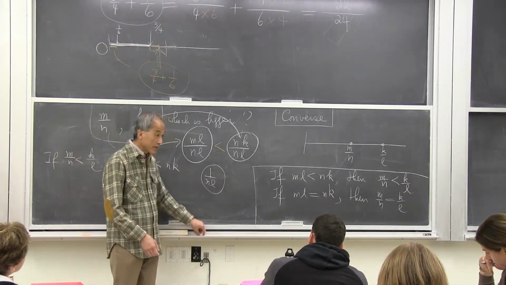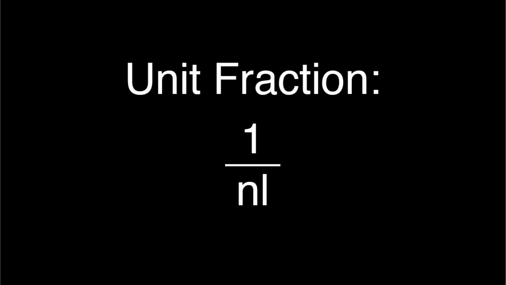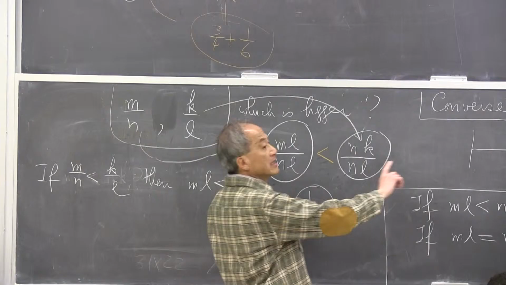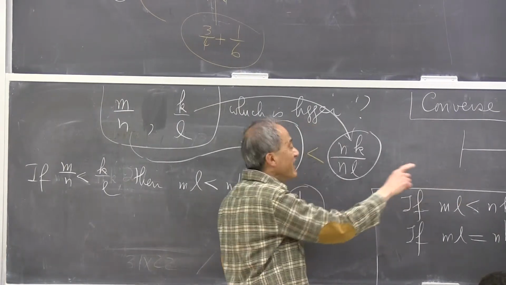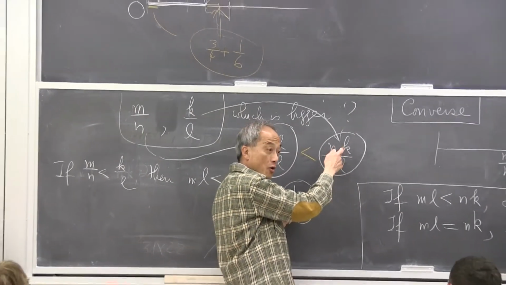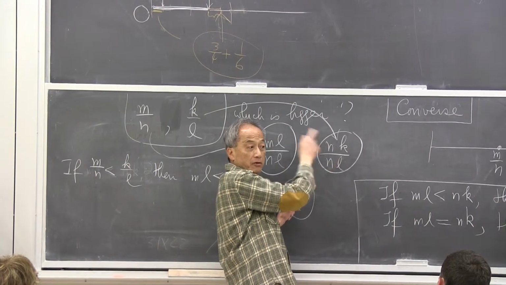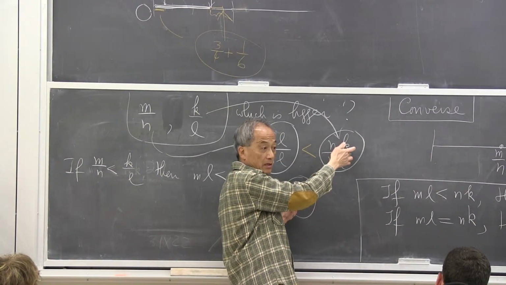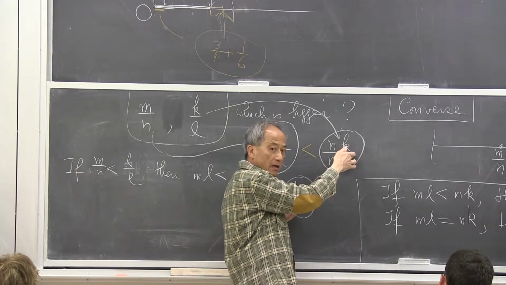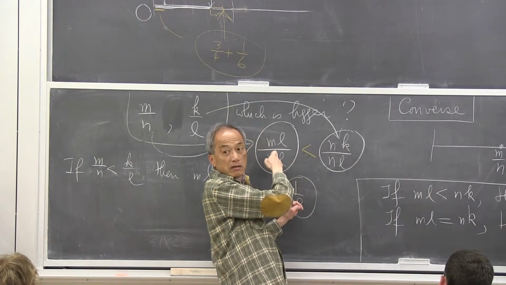You will take something this long, 1 over NL. You will get these fractions by counting to the right how many steps? ML or NK. So I know this is already to the right, correct? To this? Exactly. That means you have to go what? More steps to get here than getting here.